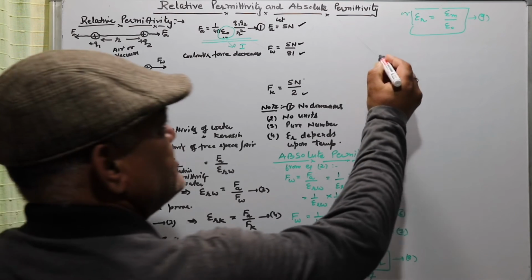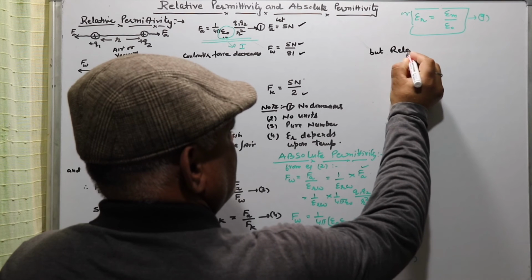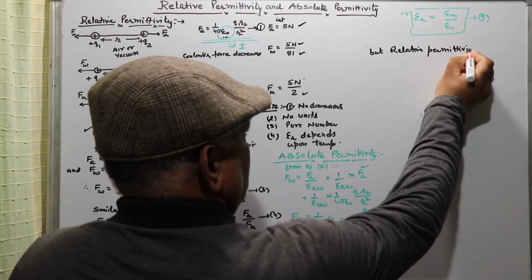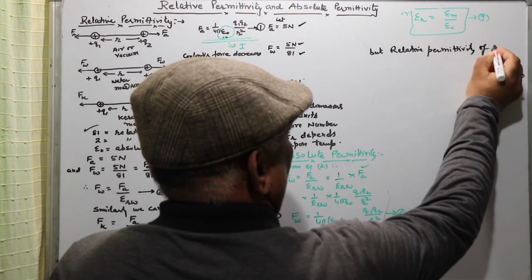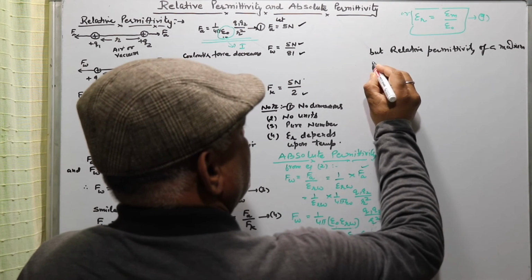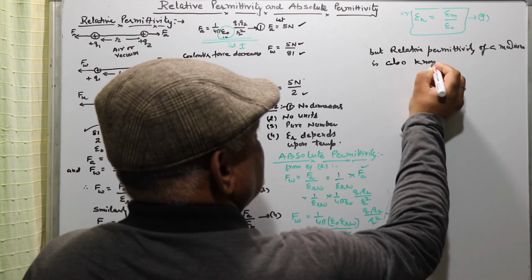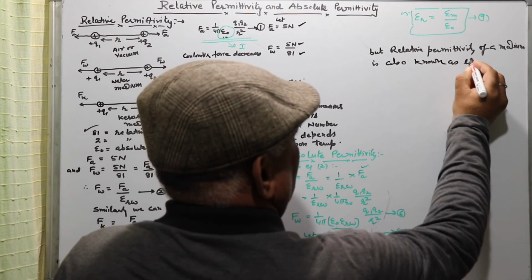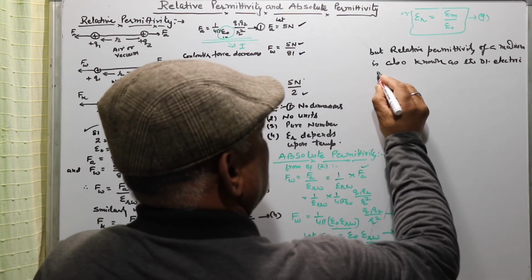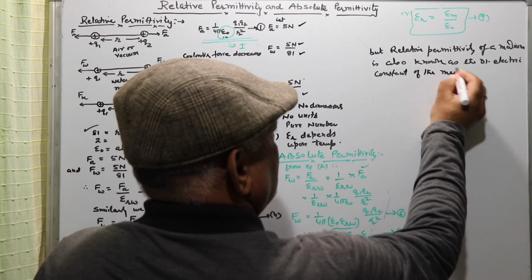But students, relative permittivity of a medium is also known as the dielectric constant of the medium.